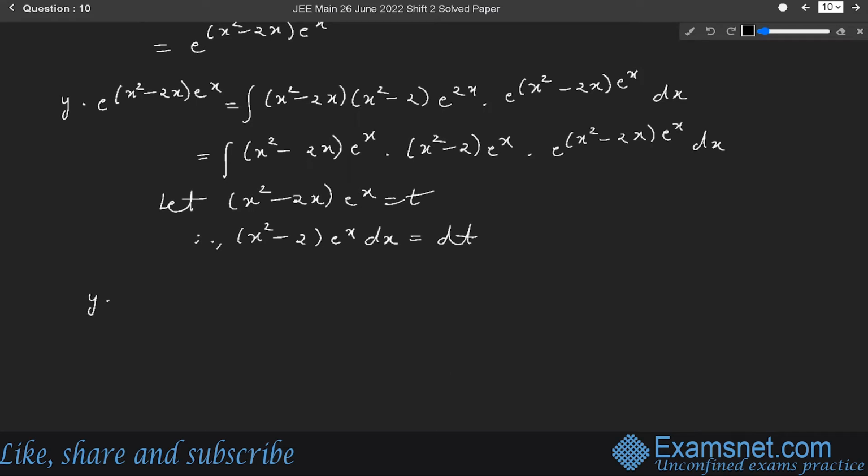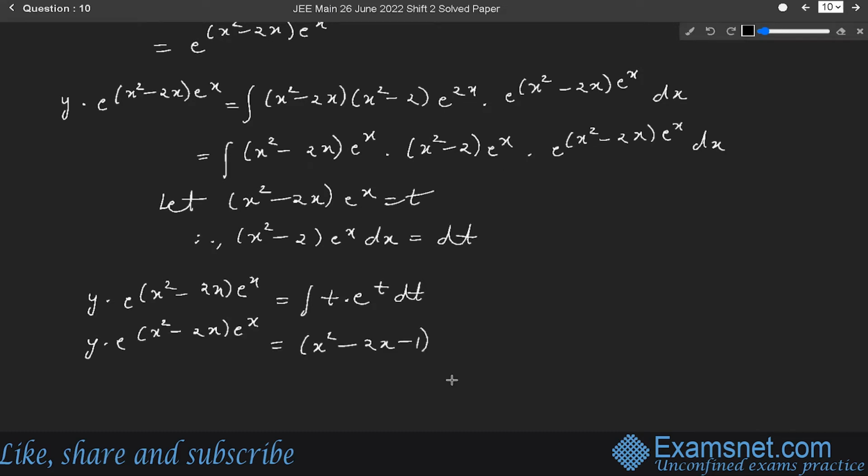So y·e^((x² − 2x) e^x) is equal to ∫t e^t dt, which will be equal to (x² − 2x − 1) e^((x² − 2x) e^x) + c.